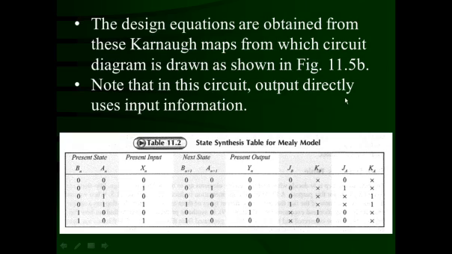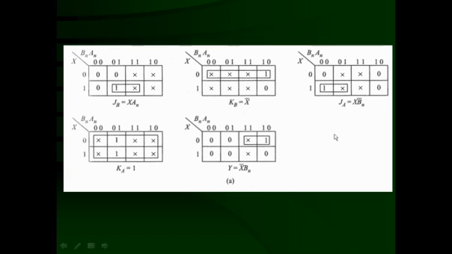Similarly, for K: xx11xx, and in these two locations again it is don't care, xx is going to be substituted. So this way you can prepare a Karnaugh map for J and K.